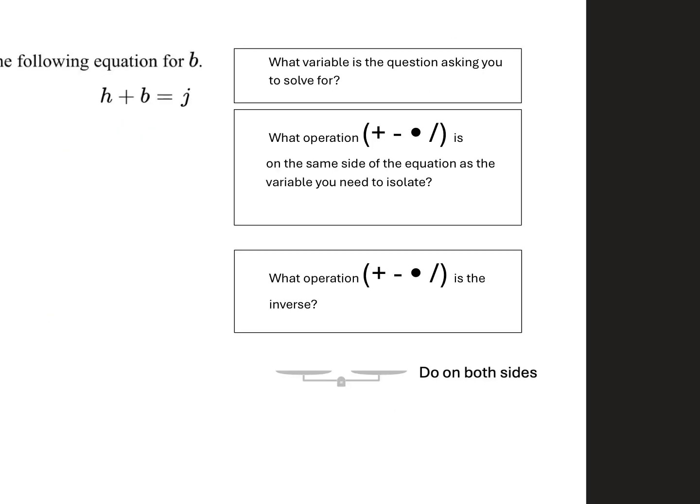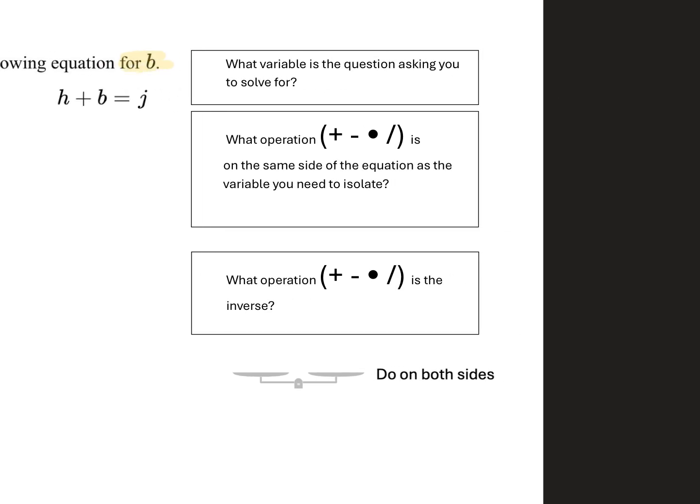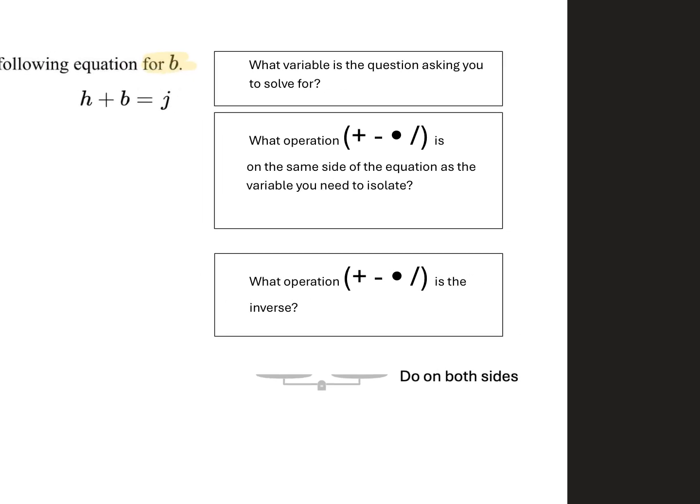Now for problem number 3, what am I being asked to isolate? I'm being asked to isolate B because it says that I need to solve for B. So when I get finished, I should have B by itself on one side of the equal sign.